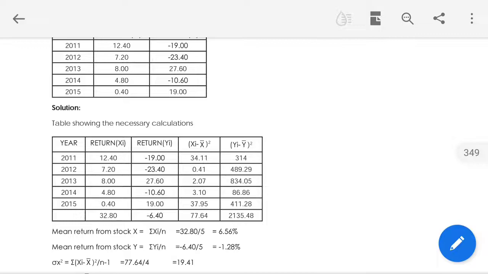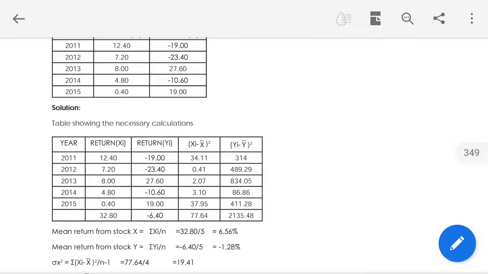As I said at the beginning of this video, mean is nothing but average. So 32.80 divided by 5 is 6.56. For Y, minus 6.40 divided by 5 is minus 1.28.